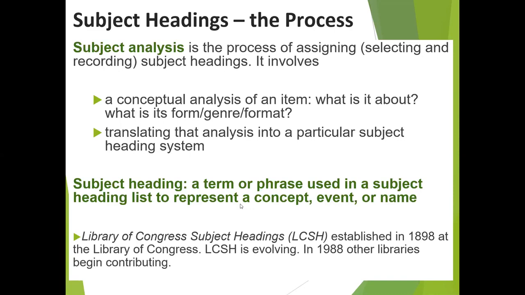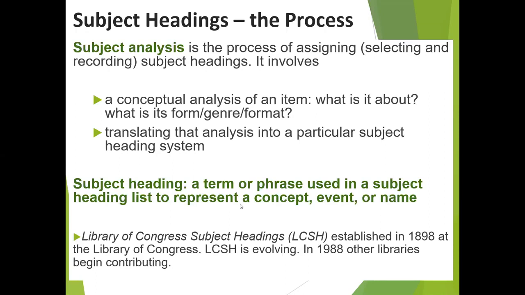It also may be that we're thinking about it in terms of what our subfields are going to be. So, we're thinking about that aboutness at the most general level, but then we're also thinking about the form, the genre, and the format, and then we're looking at how we're going to translate that decision, that aboutness, into a particular subject heading system.